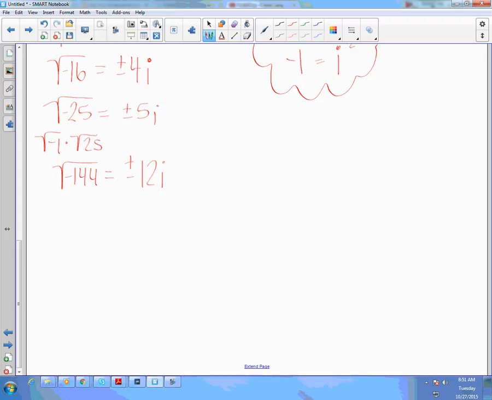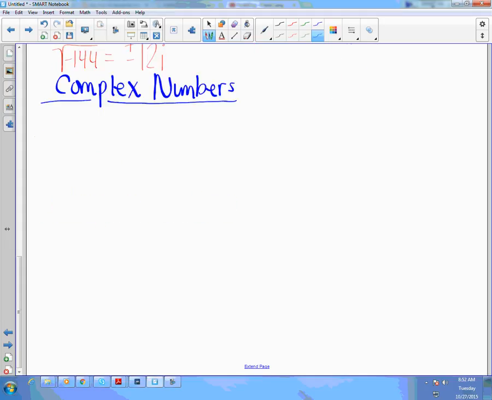Great. Okay, but the title of these notes was not imaginary numbers, it was complex numbers. We're going to do one quick thing on complex numbers, and then we'll continue with it next time. Complex numbers have two pieces: a real piece plus an imaginary piece.